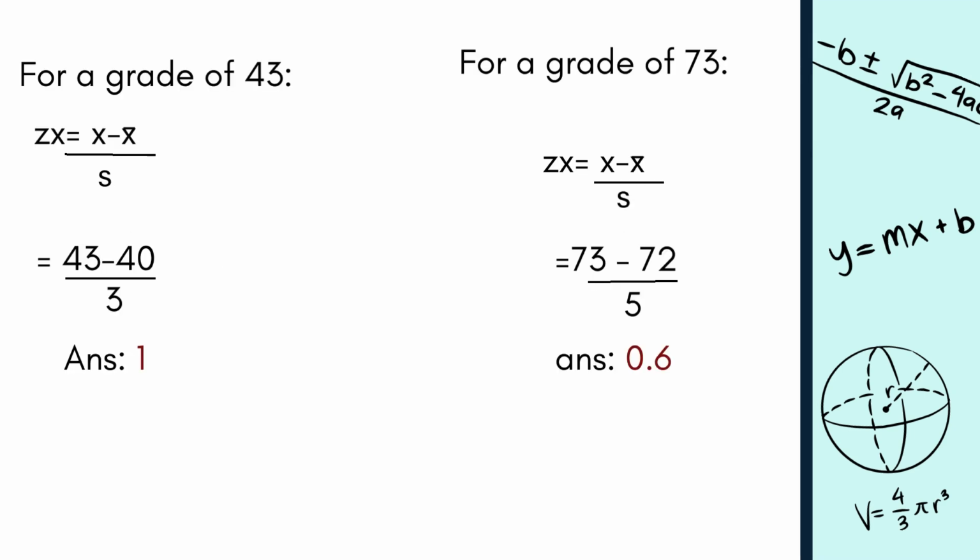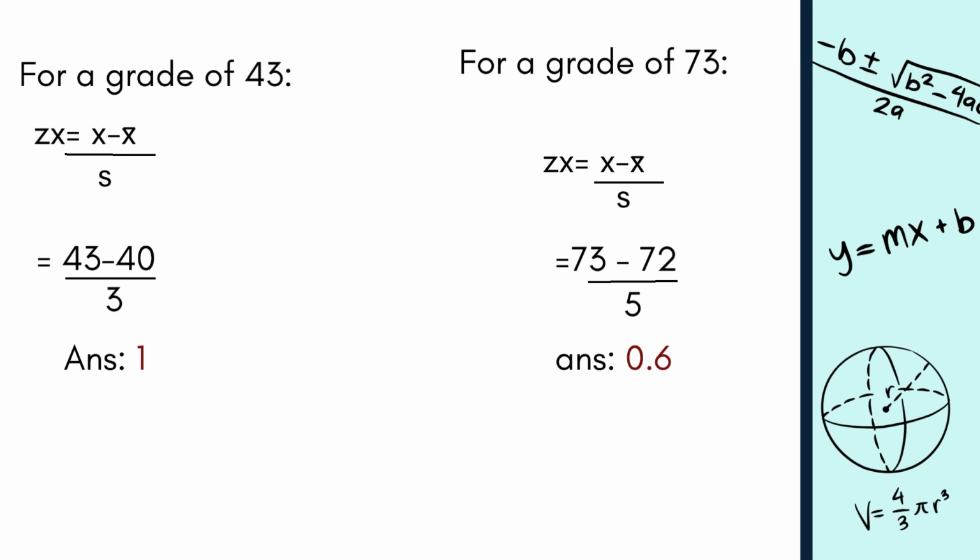How to solve? Same process. For a grade of 43, let's find the z-score here. 43 minus 40 divided by 3, the answer is 1. In the algebra test, the z-score is 1.